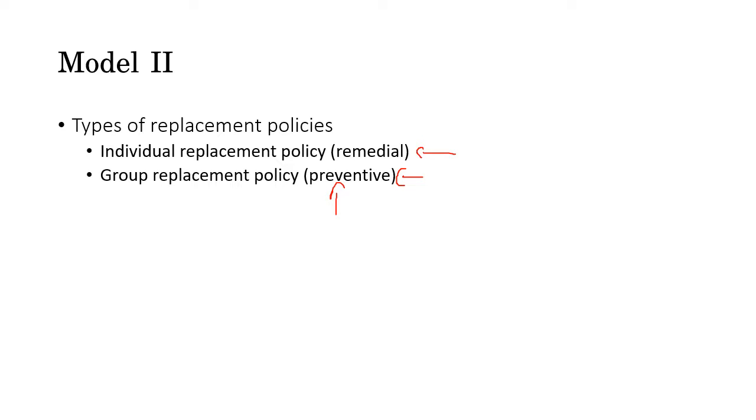In group replacement policy, if during this interval a single component fails, then that component is replaced individually. Remember that the cost of replacement in individual replacement policy is higher as compared to group replacement, because when you are replacing in a group, you may get bulk discounts.